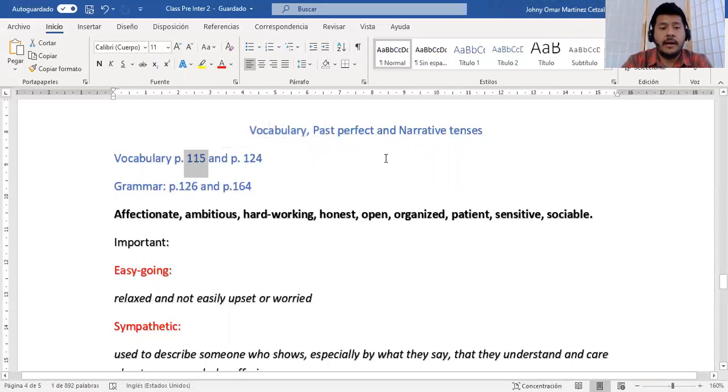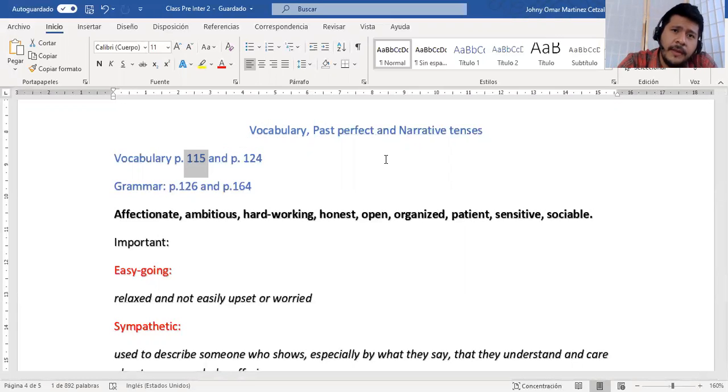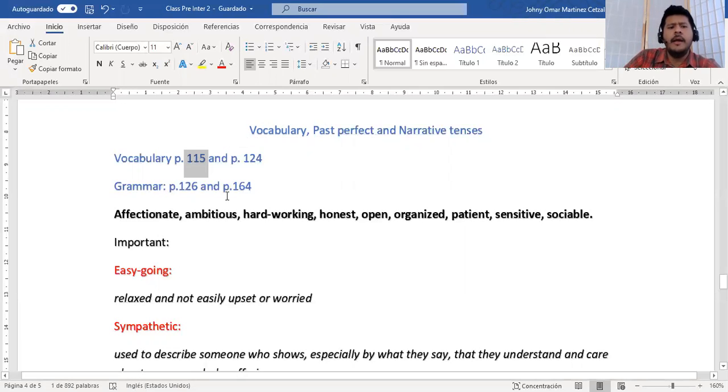I'm just going to check the pronunciation with you, and there are three adjectives that are either important to know, very common, or the translation is not exactly as it looks in Spanish, which is very similar. Let's practice pronunciation first. So just repeat after me. Affectionate, ambitious, hardworking, honest, open.